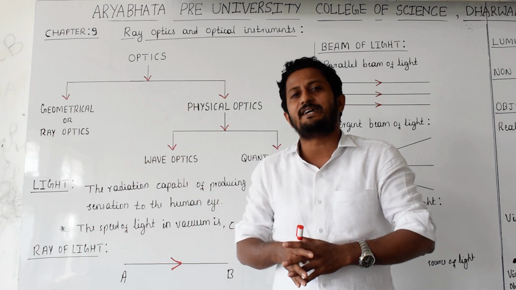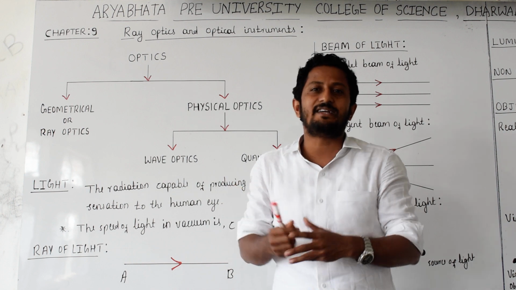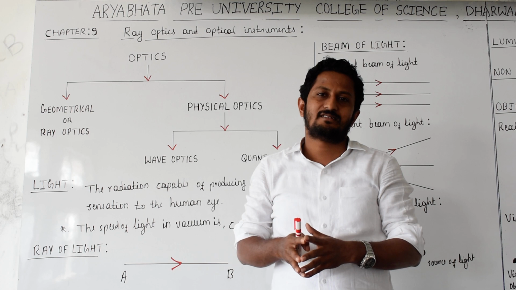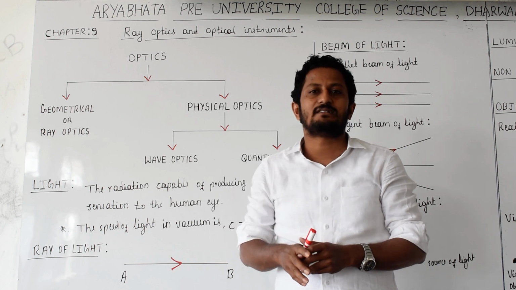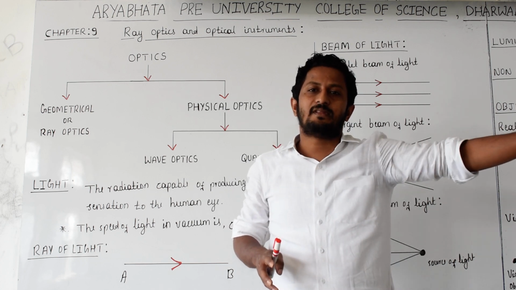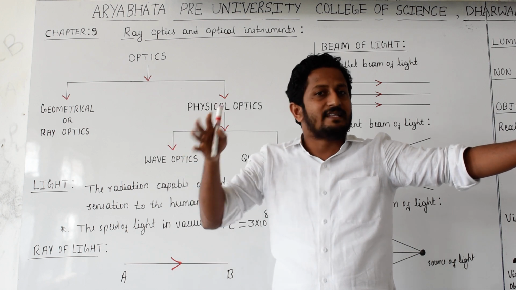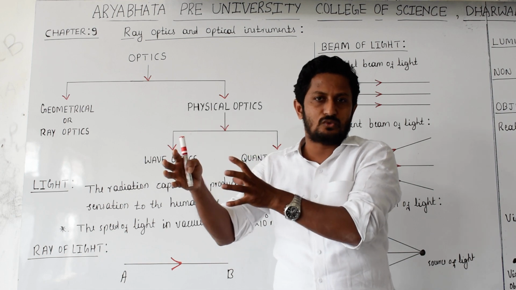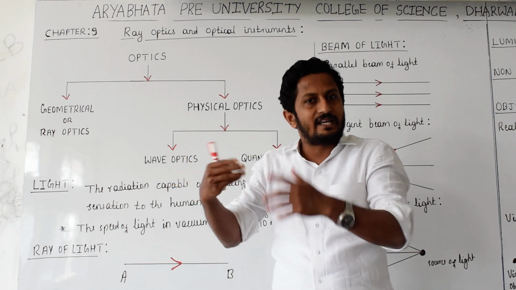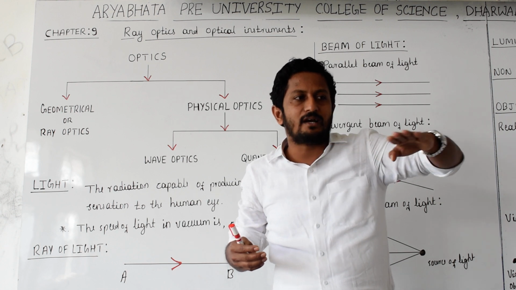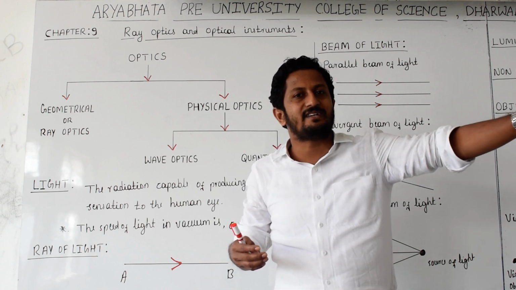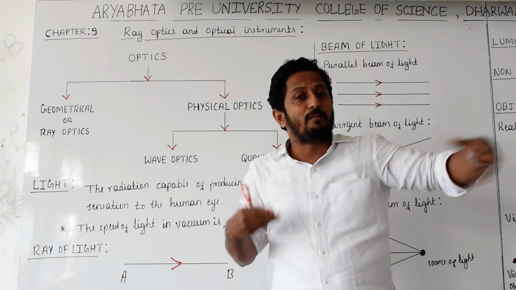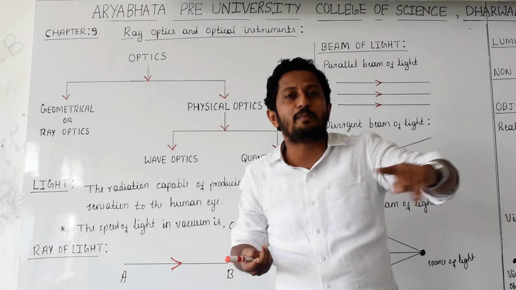That emitted radiation, that emitted energy, is propagating through space by following a straight line path. Here the Sun is the source of that energy. After being emitted from that source, that energy is moving through space by occupying a straight path.